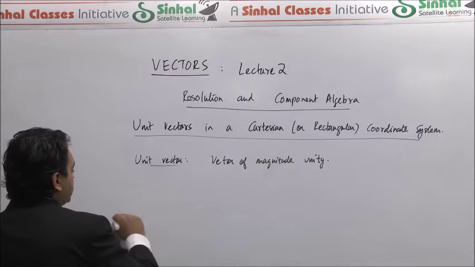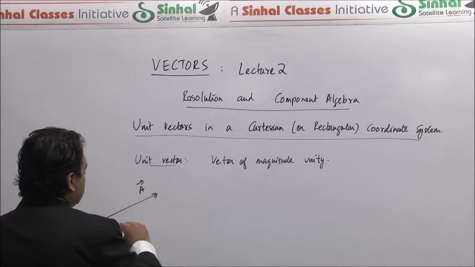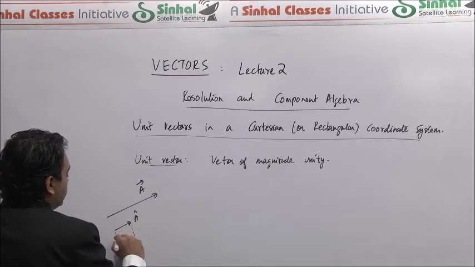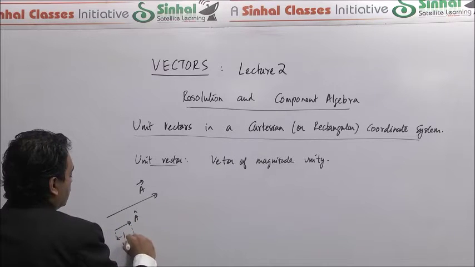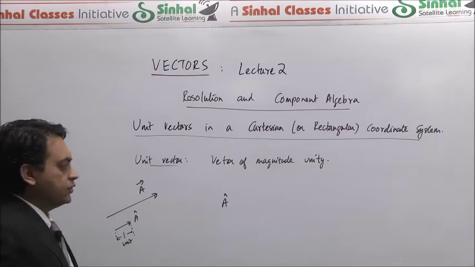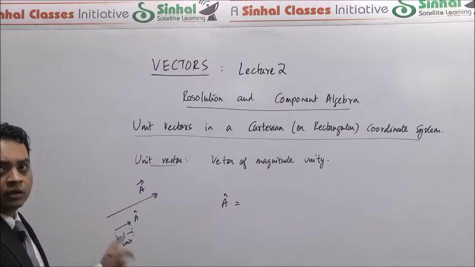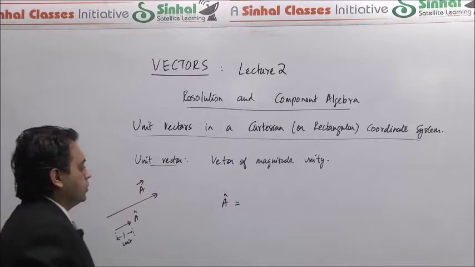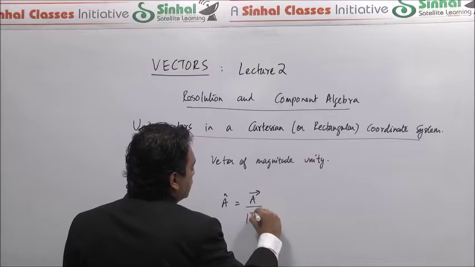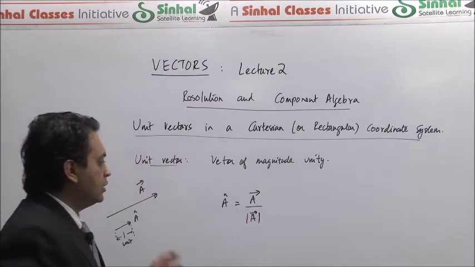And hence, if we have a given vector A, we can represent a unit vector along the direction of A by simply defining A cap as the unit vector of the vector A, a vector of magnitude 1, but direction equal to the direction of vector A. So it would be defined as the vector A itself divided by the magnitude of vector A. So that is how we define a unit vector in terms of another given vector.